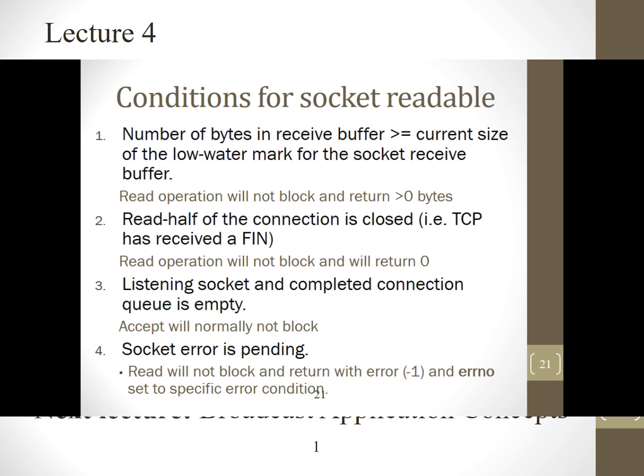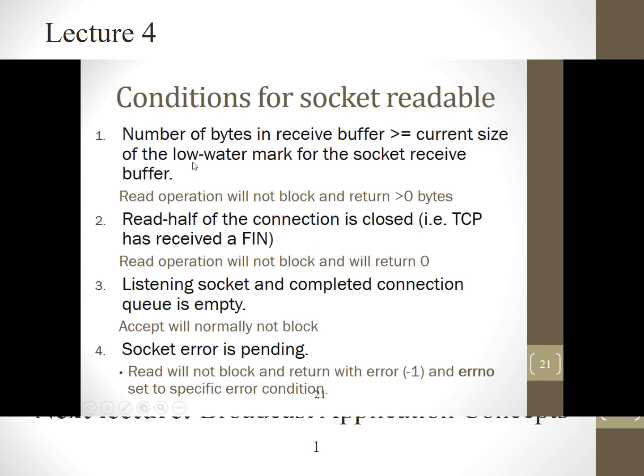So when TCP has received a finish synchronization bit, so when the read half of the connection is closed, it says the read operation will not block and will return 0. This is another scenario.